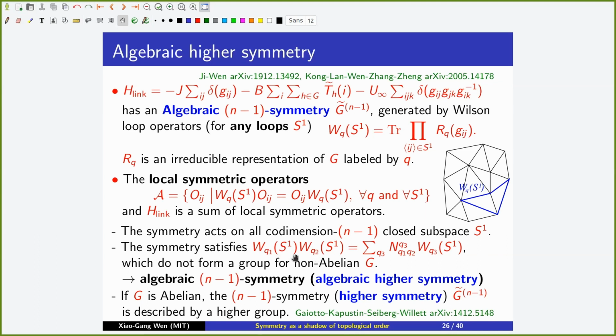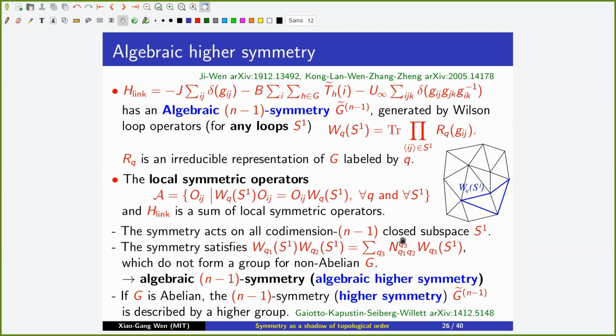When you multiply them together, you don't get a Wilson loop of a Q3 representation, because when two representations are put together, they decompose as a direct sum. It's like a spin one half and a spin one half: you get spin 0 and spin 1. You do not get a single representation.